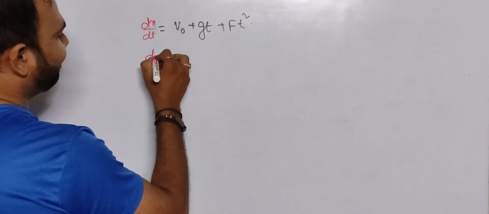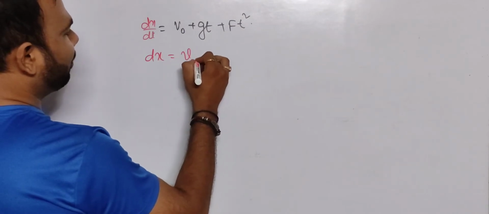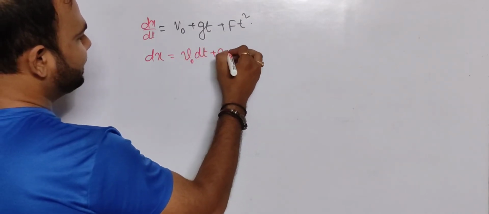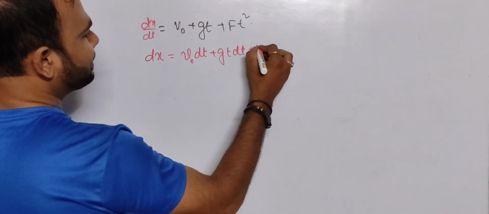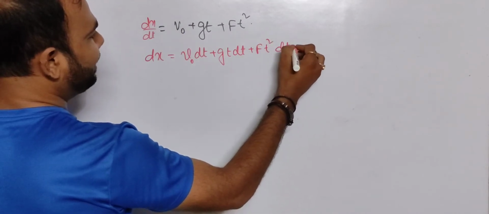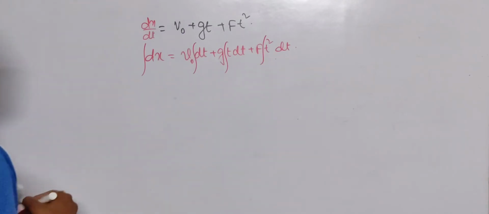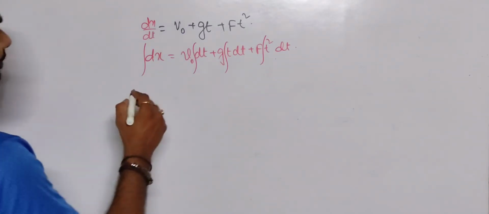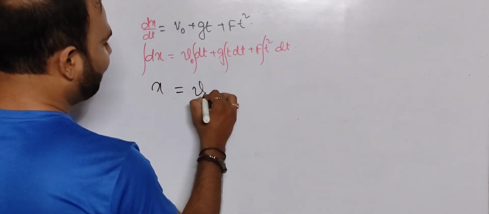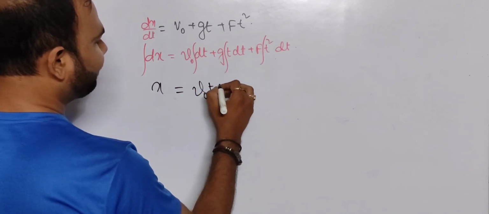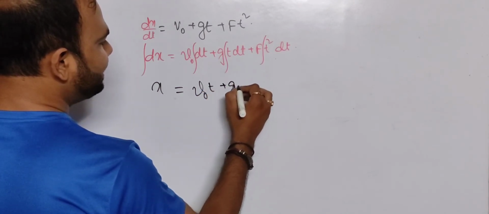Multiplying this, we get v naught dt plus gt dt plus ft square dt. Integrating both sides, we have x equal to v naught t plus g.